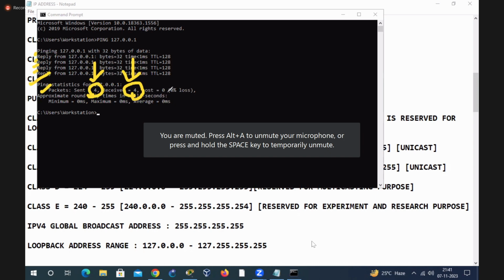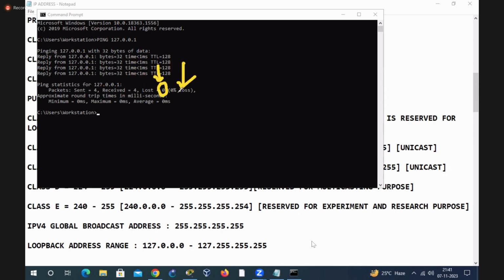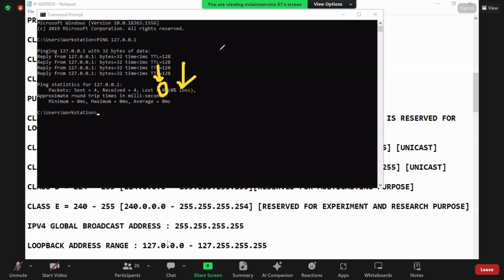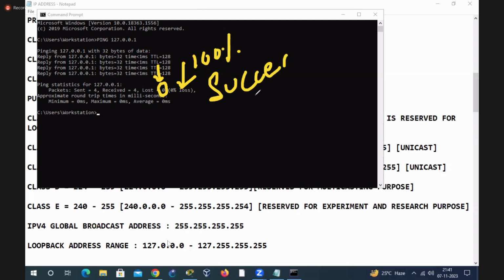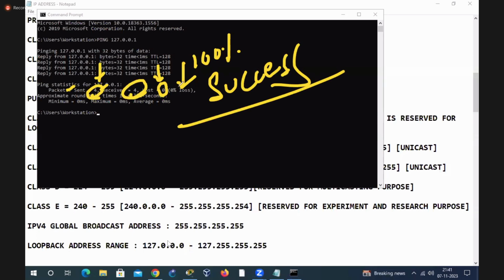How many packets are lost? 0. And the percentage of loss is 0. So 0% loss means we are getting 100% success. When you do the ping test on your machine with this loopback address, you should always see this type of output.